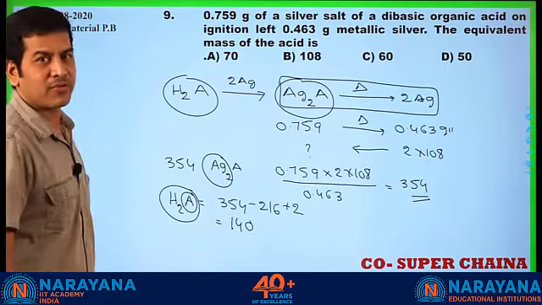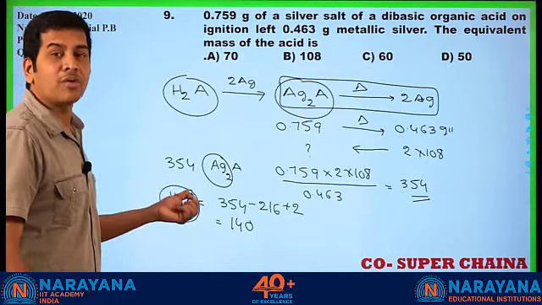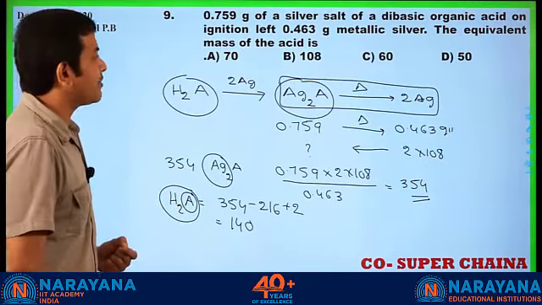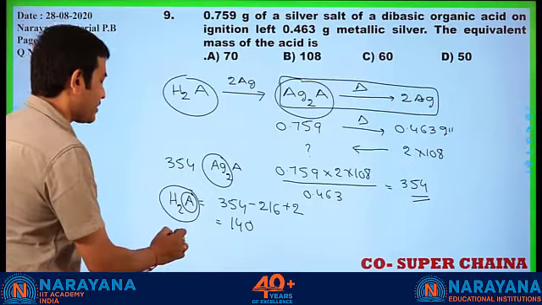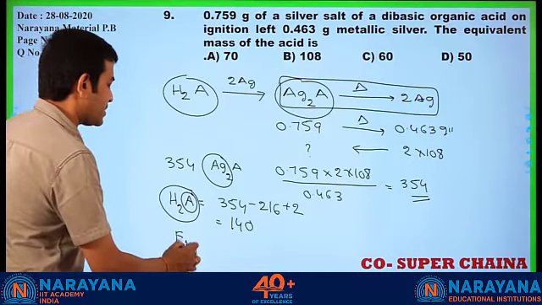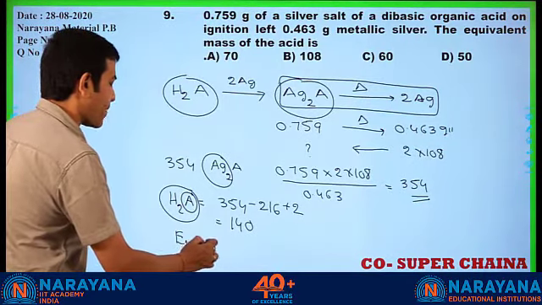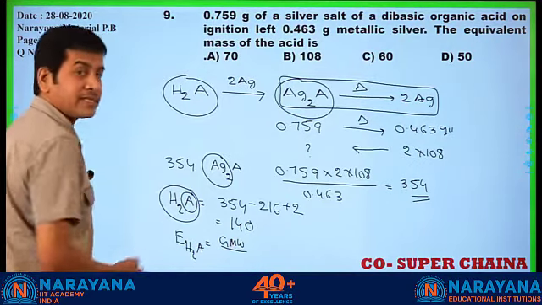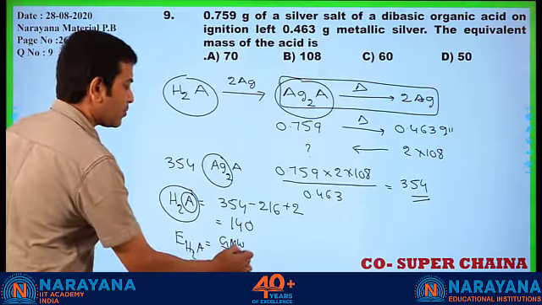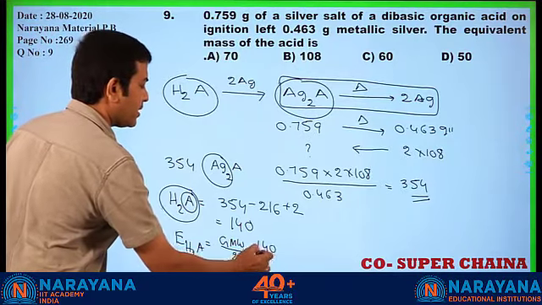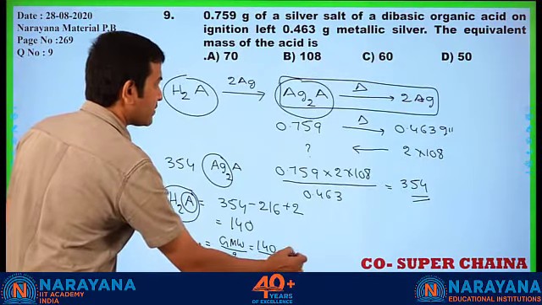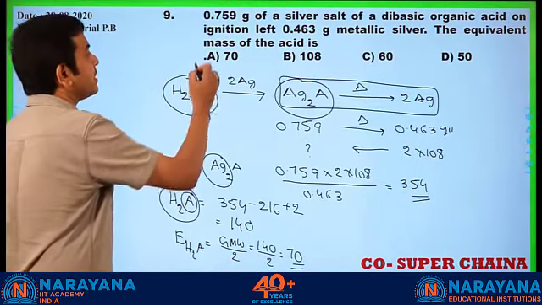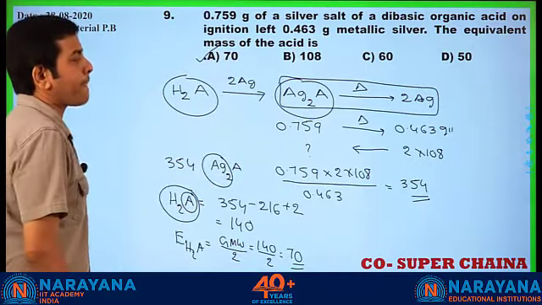That is the molecular weight of the dibasic acid. He is asking about equivalent weight. Equivalent weight of the dibasic acid H2A is its gram molecular weight divided by basicity. Basicity is 2, so 140 by 2 is 70. 70 is the equivalent weight. Then option A is correct.